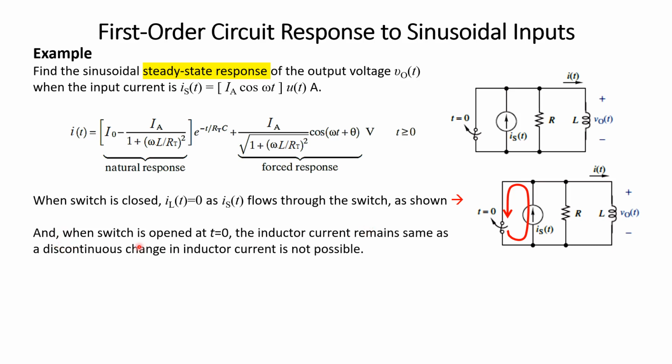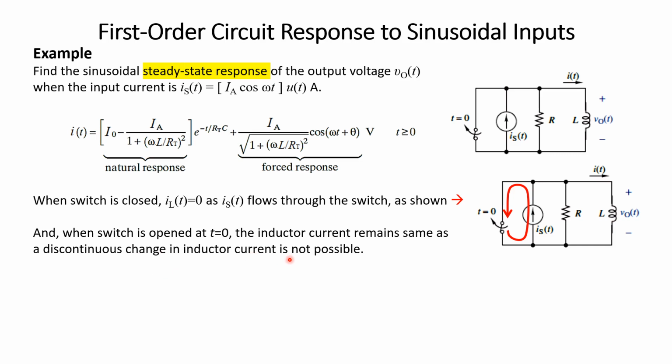Okay, and when the switch is opened at t equal to 0, no current will be flowing through this branch as we open the switch, and this current will be diverted to this part of the circuit. Now, before opening the switch, the current flowing through was 0, and a discontinuous change in inductor current is not possible practically.